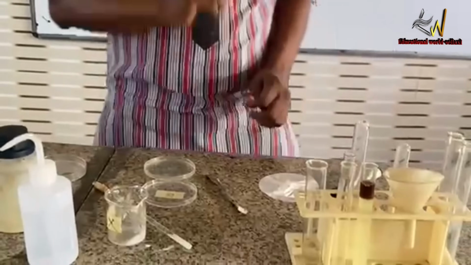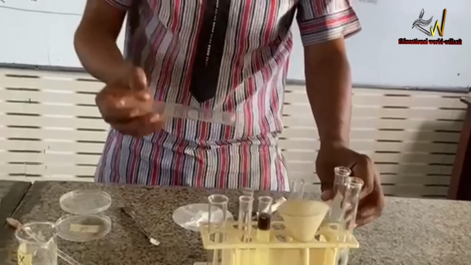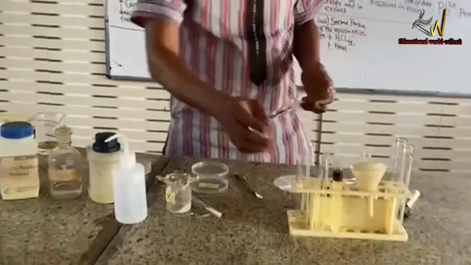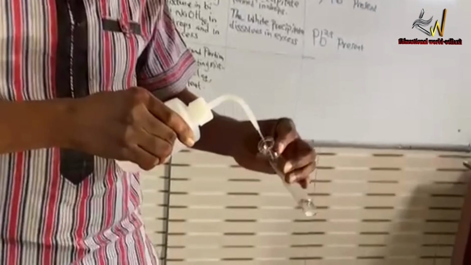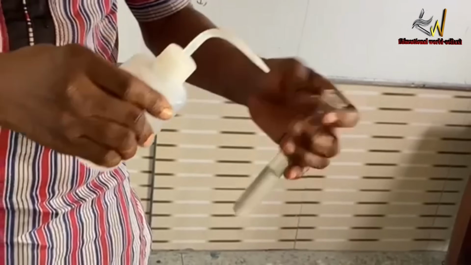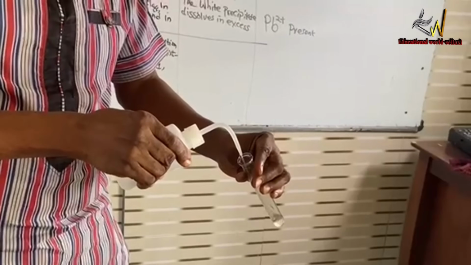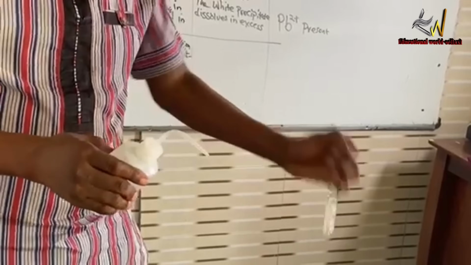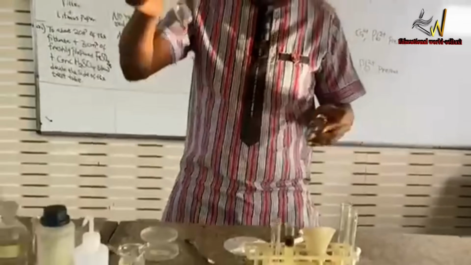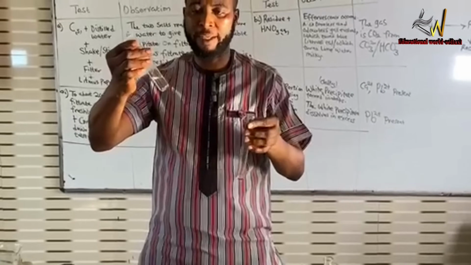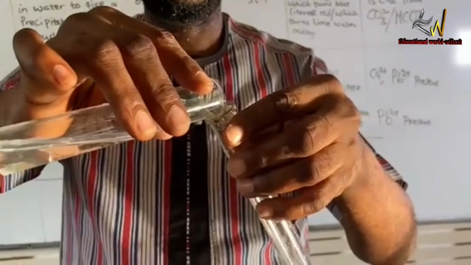Now, another aspect I'm suspecting they will ask is dissolving the resulting solution. Adding HCl, and then you warm. Now this is my resulting solution from B1. Let me add it to another test tube.